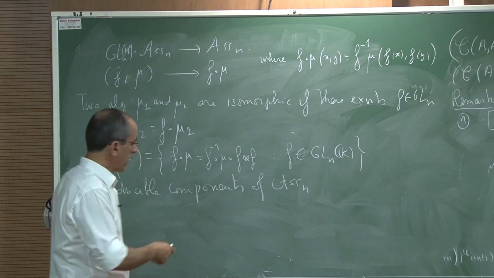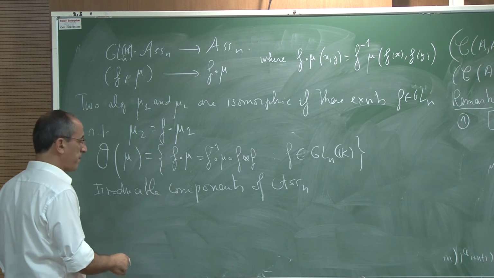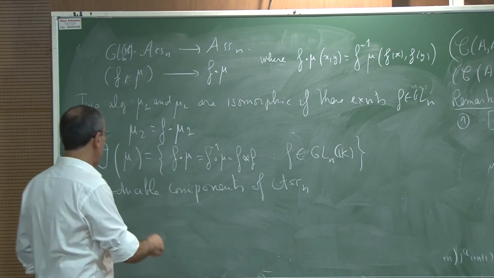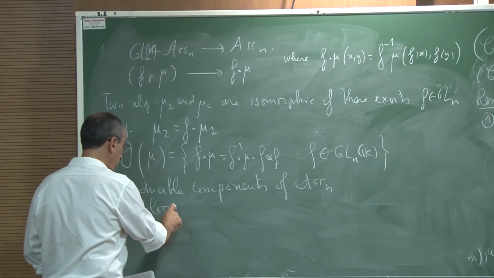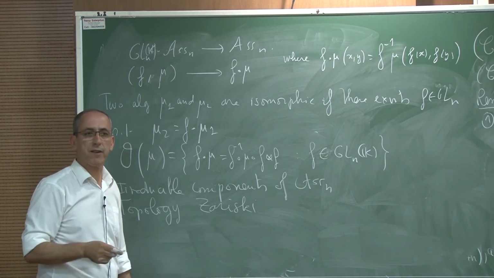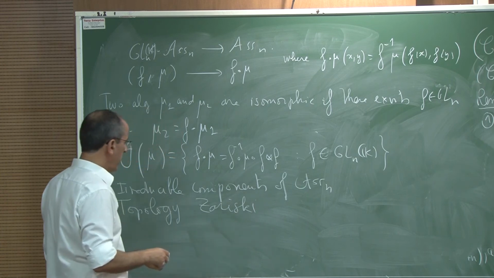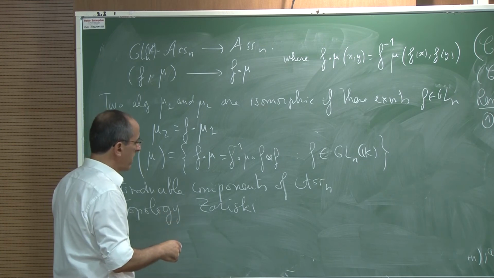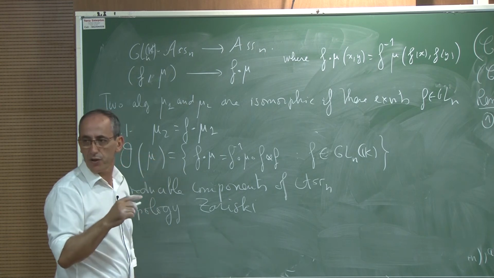We need some topology here, and of course the topology here is the Zariski topology, which is usually used with algebraic varieties in algebraic geometry. Now the irreducible components will be given in some cases by the closure of the orbits.